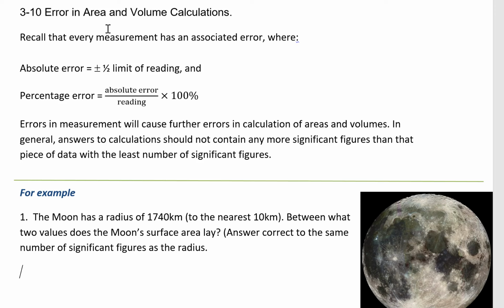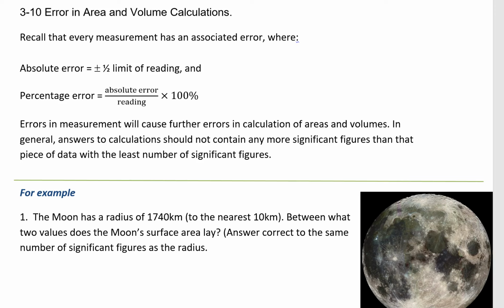Now, you might be thinking, then, if the measurement has a certain amount of absolute error, maybe the absolute error of each measurement would come into deciding how to give your answer to something like area. However, it doesn't. So it's just really simple.